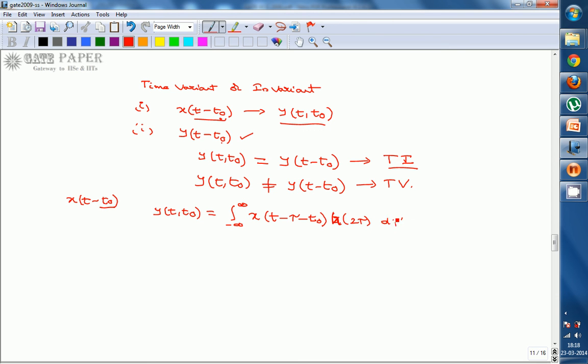This is the output for the given shift taken in the input.